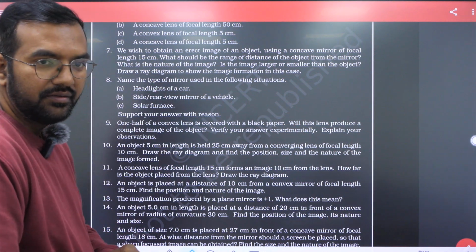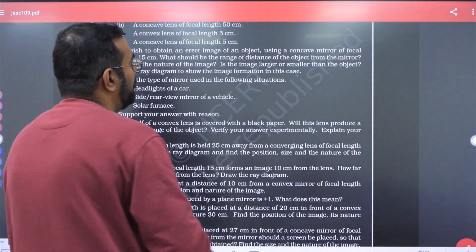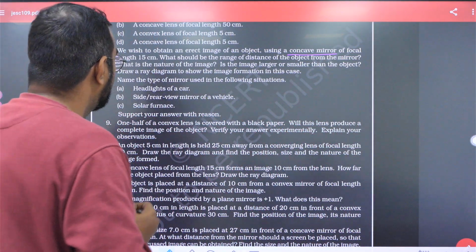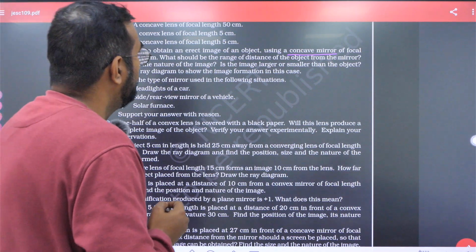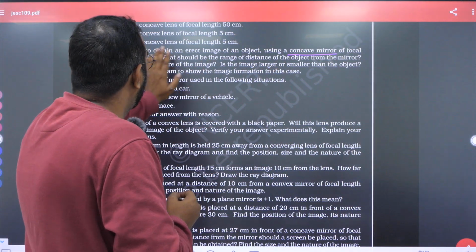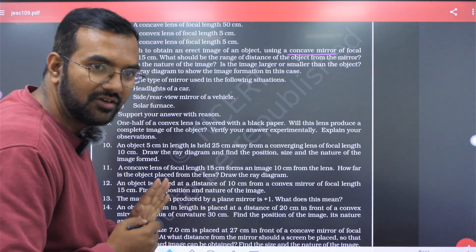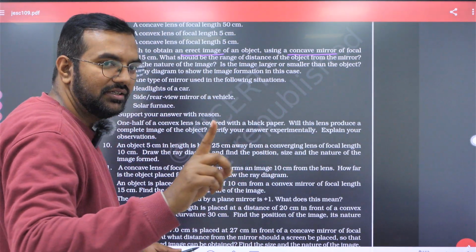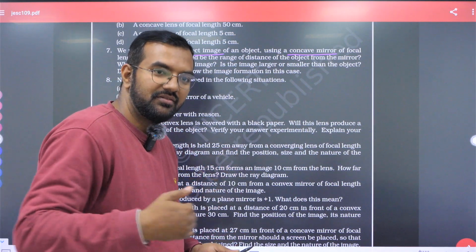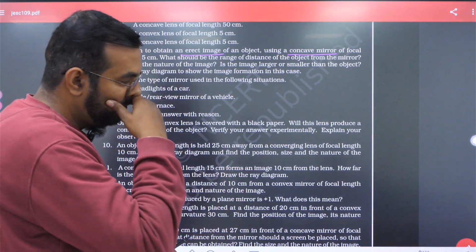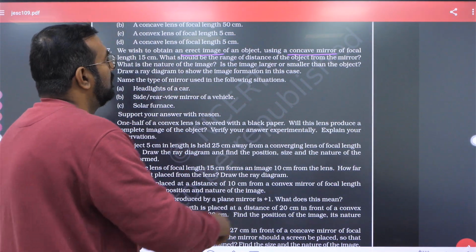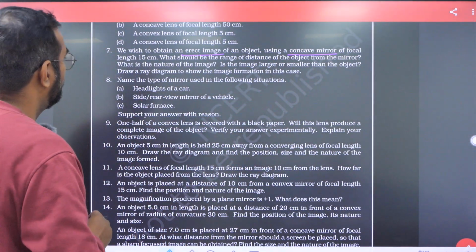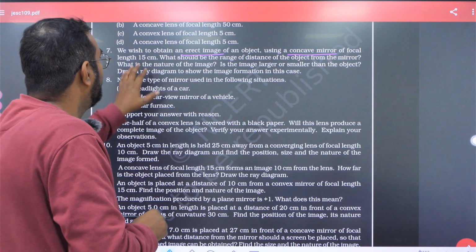Erect image is required and it is a concave mirror with focal length 15, so it will be minus 15. A concave mirror gives an erect image in only one case, na? When the object is between P and F. In that case a concave mirror produces an erect image, right? And virtual also.